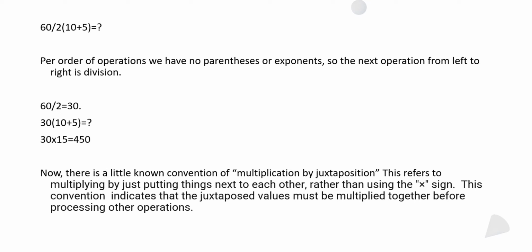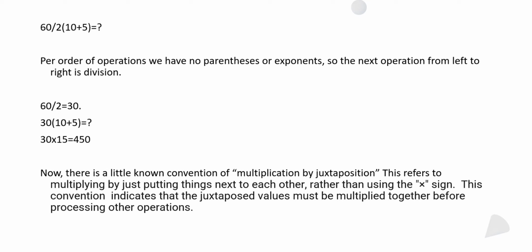But this is fine doing it this way. We're actually solving what's in parentheses first. We're getting 15, and then the next thing was our division, which is 60 divided by 2. So we're going to end up with this 30 times 15 equals 450.